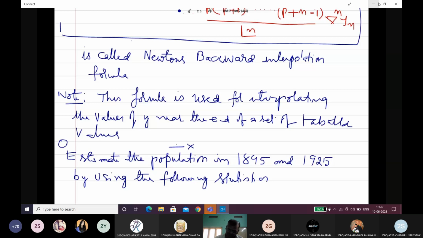Shall I move the slide? Let us write the data on the next page.